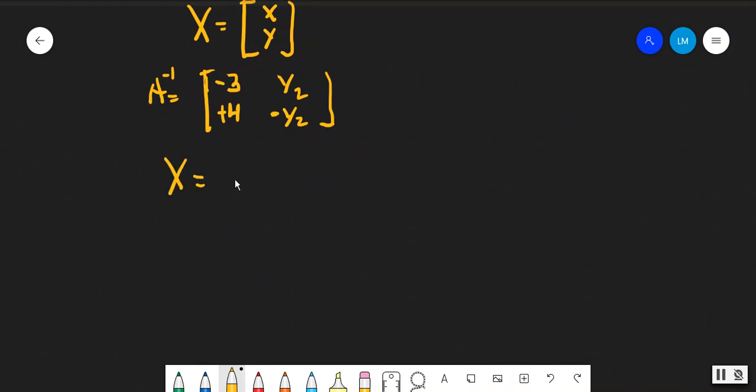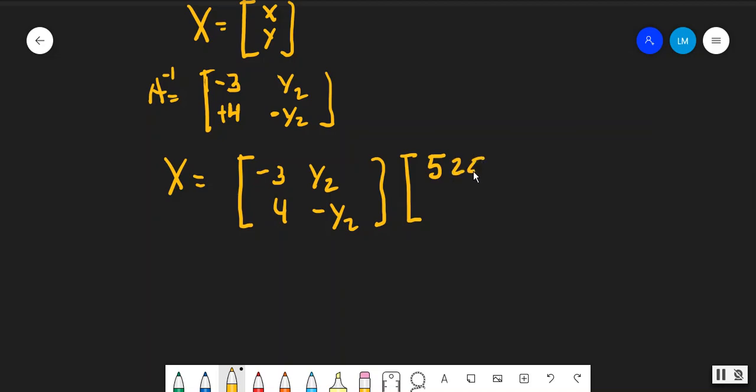So x is equal to -3 1/2, and then 4 -1/2 multiplied by, in this case, the attendance and the receipts.